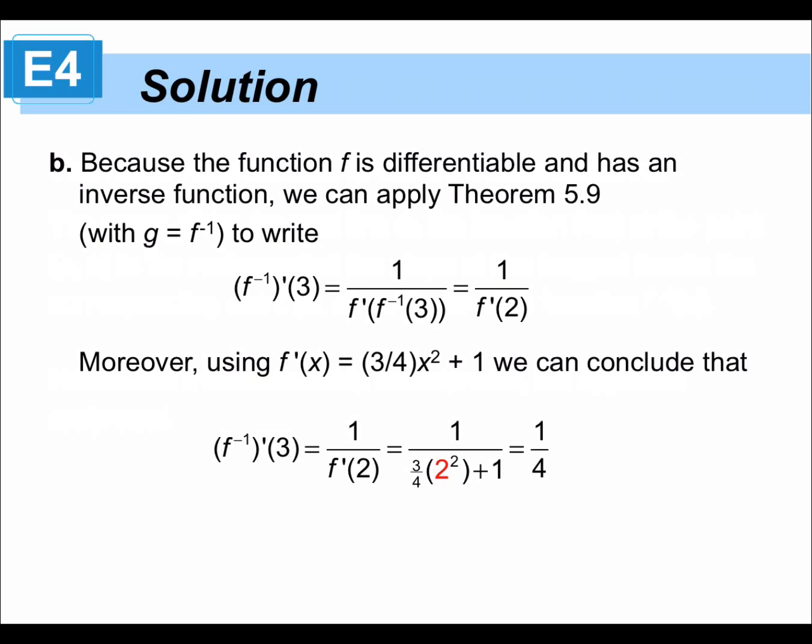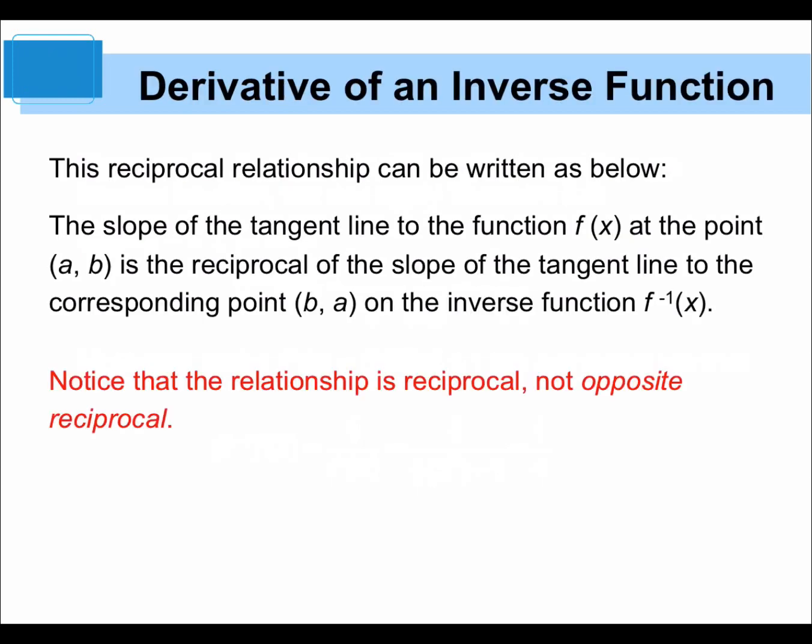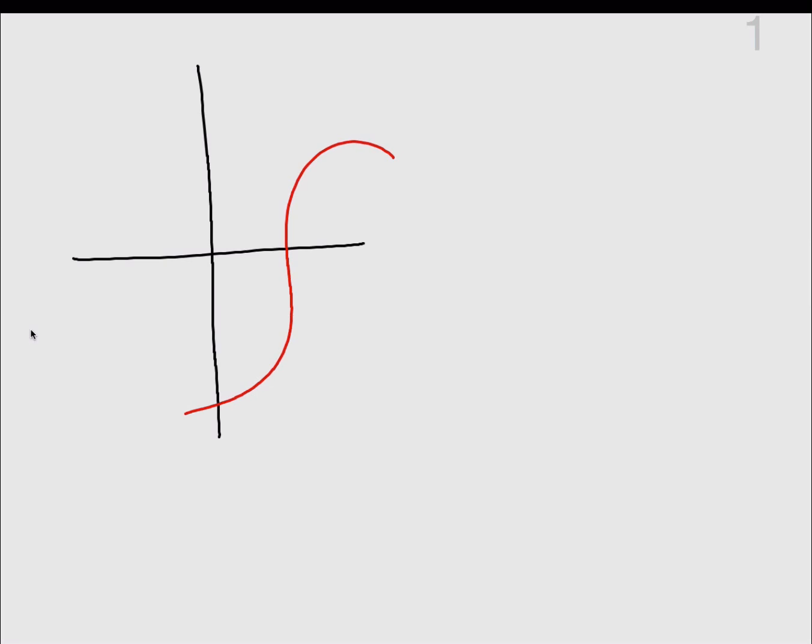Okay. So this is a lot of gobbledygook, but let's draw a picture to show you what I'm talking about. If I have our axes, and I've got a function f of x, something like that, then I know that if I want to see what the inverse looks like, the inverse would be the reflection over the line y equals x.